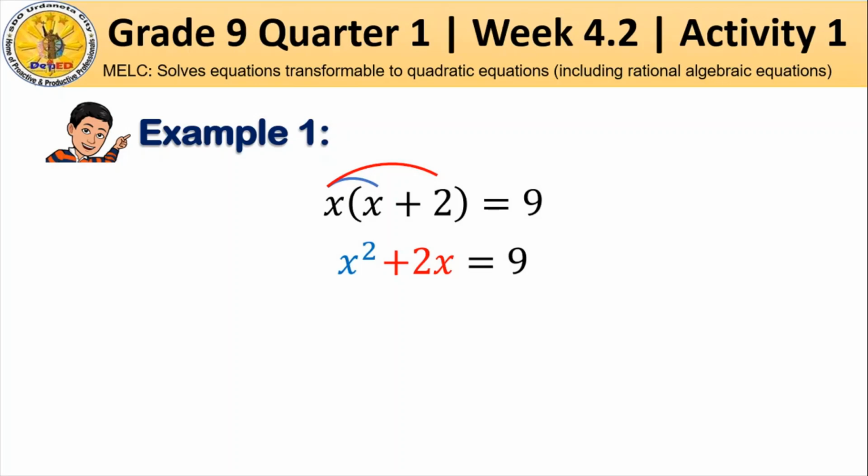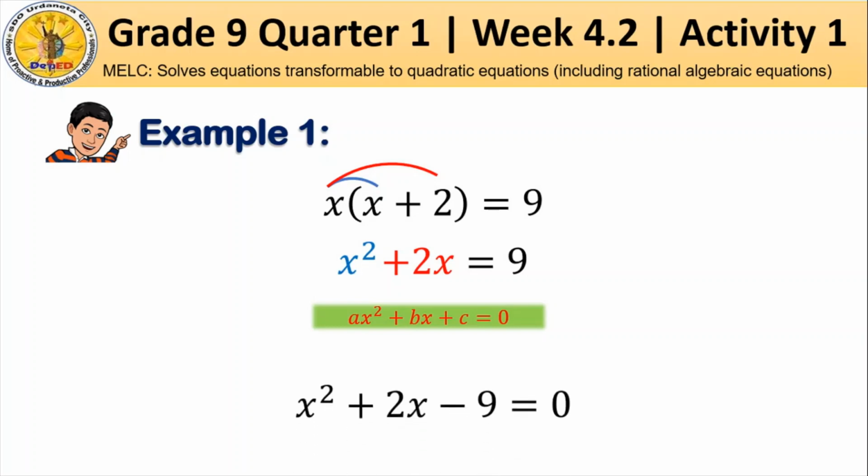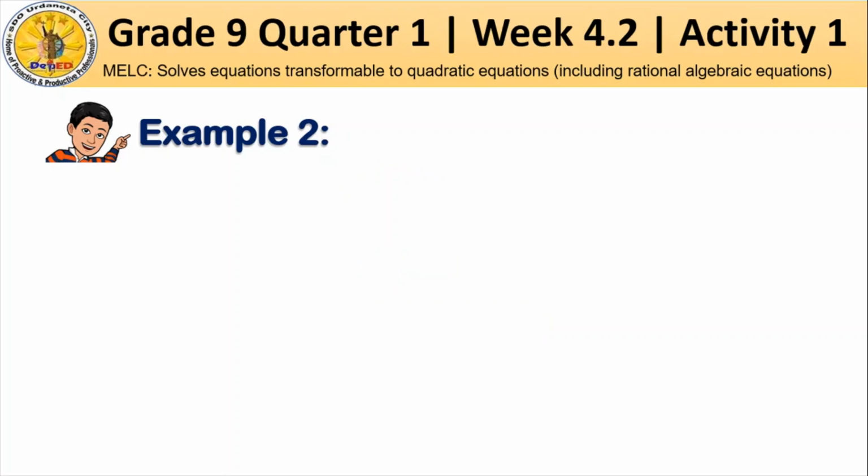Then, we transform this equation in standard form, ax squared plus bx plus c is equal to 0, and that is x squared plus 2x minus 9 is equal to 0. As simple as that. Next example.